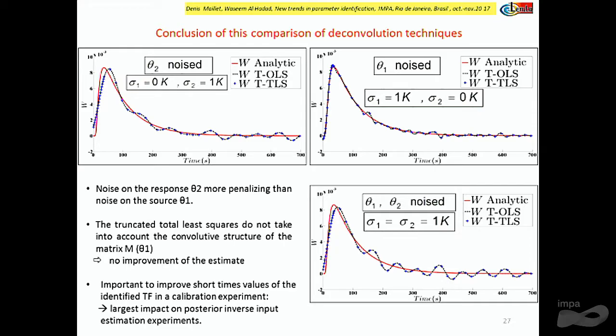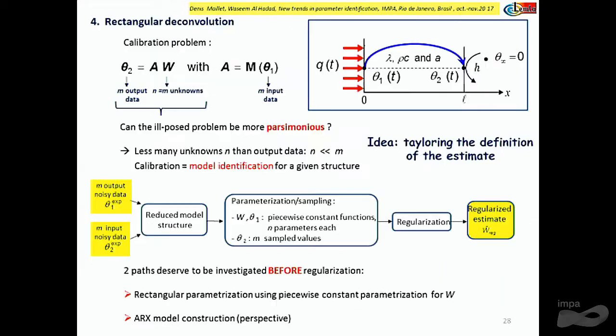The truncated total least squares technique is not really interesting because it doesn't take into account the convolutive structure of the Toeplitz matrix. So there is no improvement of the estimate. And it's very important to improve the short time value of the identified transfer function in a calibration experiment because it has the largest impact on subsequent inverse input estimation experiments.